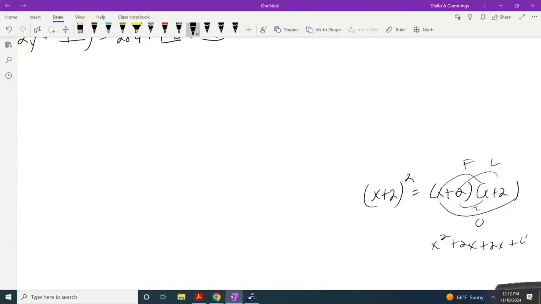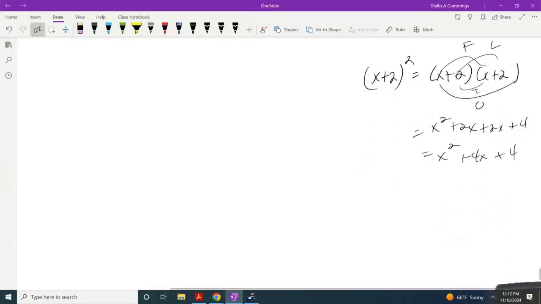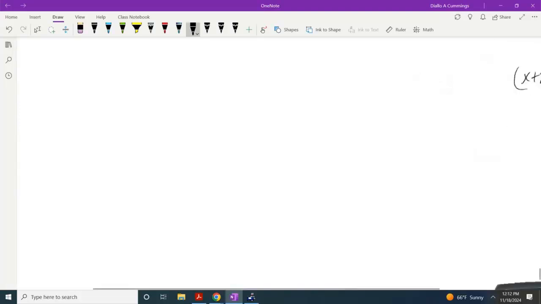And then for my last terms, I get 4. So this would give me x squared plus 4x plus 4. Sorry for writing that down at the bottom. So that proves that x plus 2 quantity squared is x squared plus 4x plus 4. So that means when you complete the square, you're going to force these perfect square trinomials.